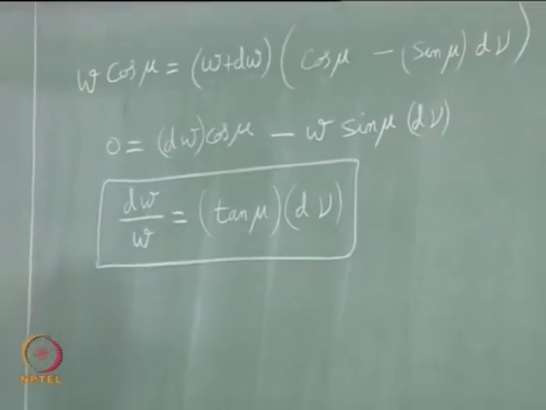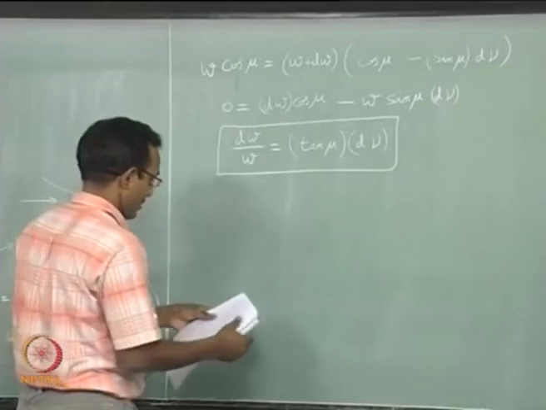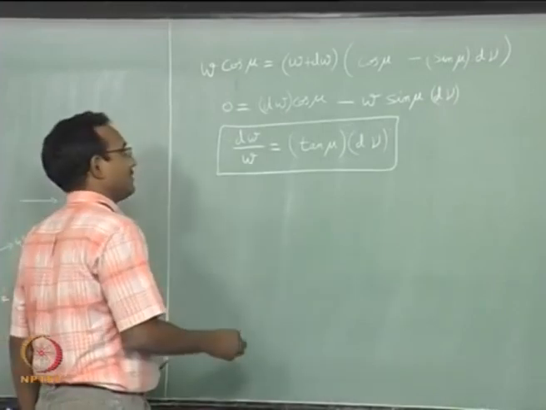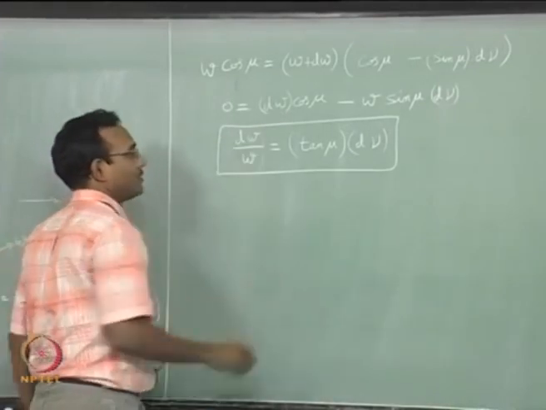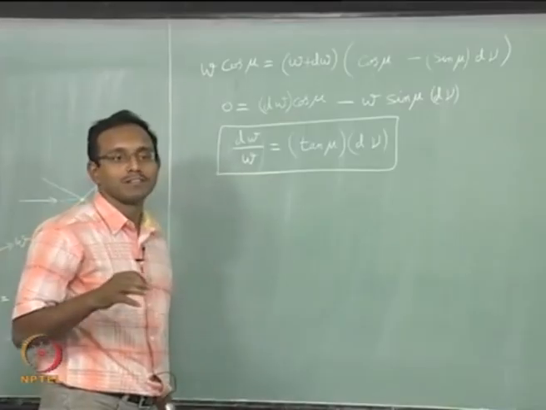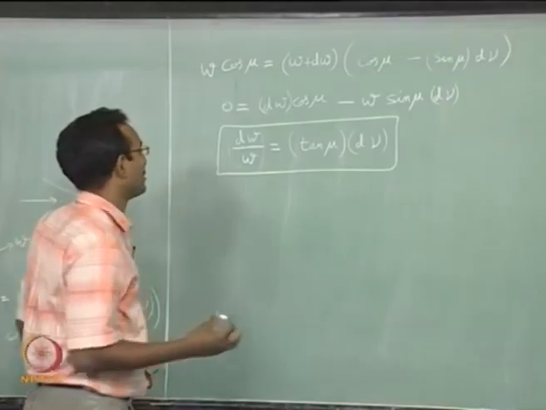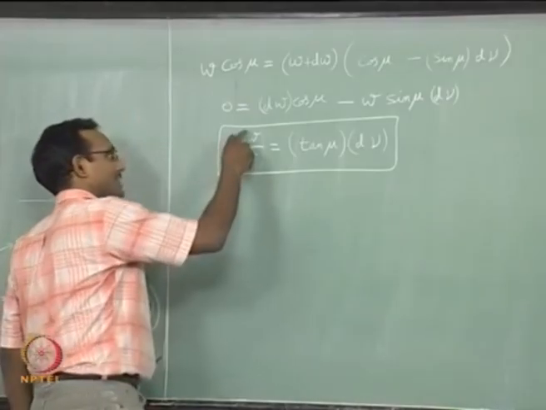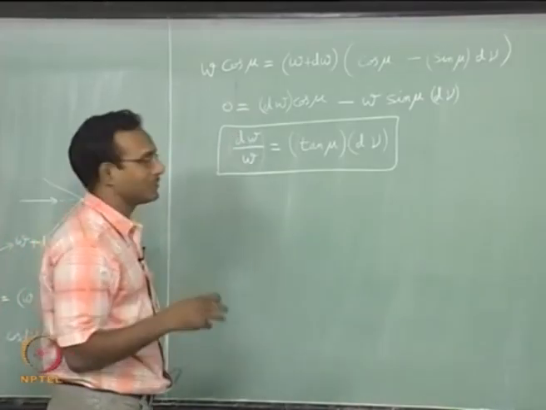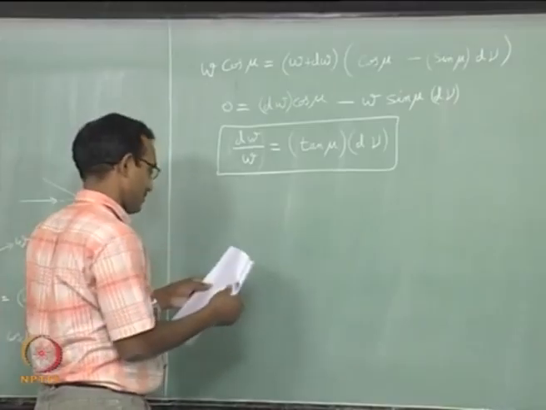Okay. Now, the next thing we want to do is get rid of this dw by w and keep only Mach number in there, because we do everything in terms of Mach number to simplify the expression. Otherwise, I need to know the exact velocity there and then work with that. It is more complex if we do this. Okay.